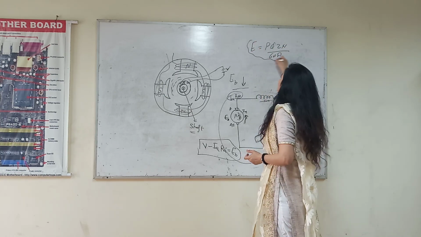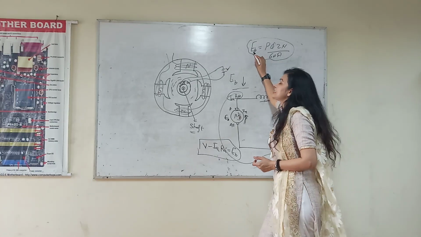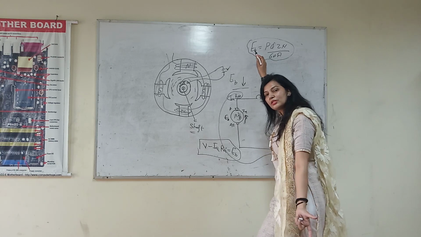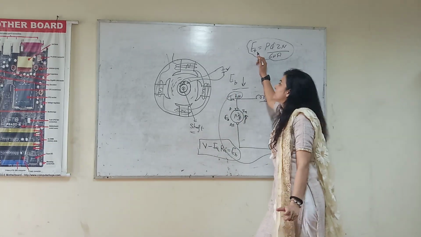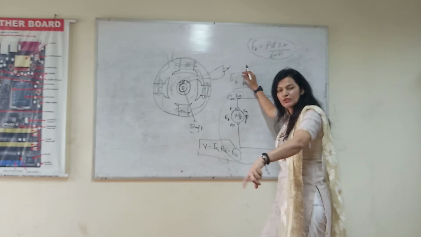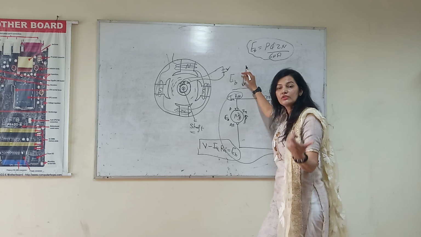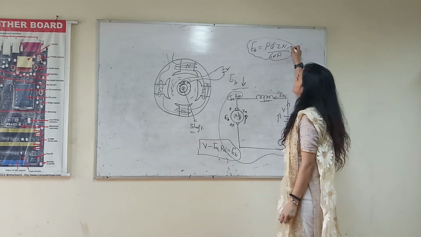We discussed about it. This is also the back EMF. EB means this E was the EMF induced into the machine, but here we call this E as EB. Why? Because this is a back EMF or counter EMF, because its direction is opposite to that of the supplied voltage. That is why we call this EB, but the magnitude is like this.